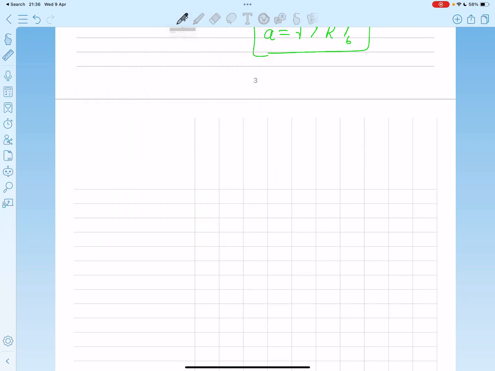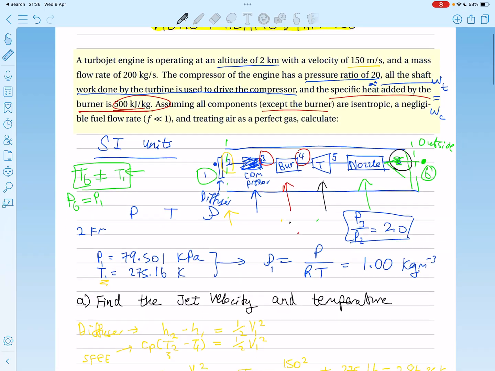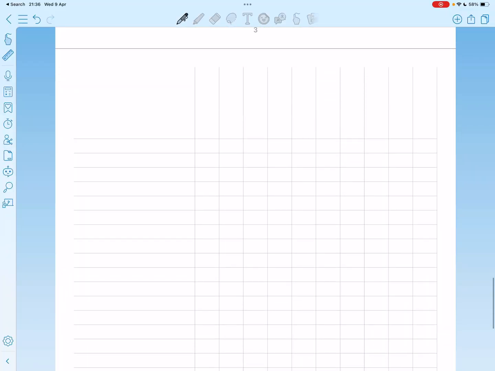Welcome back. This is the continuation of the turbojet question. So here I'll just be finding the thrust of the jet.